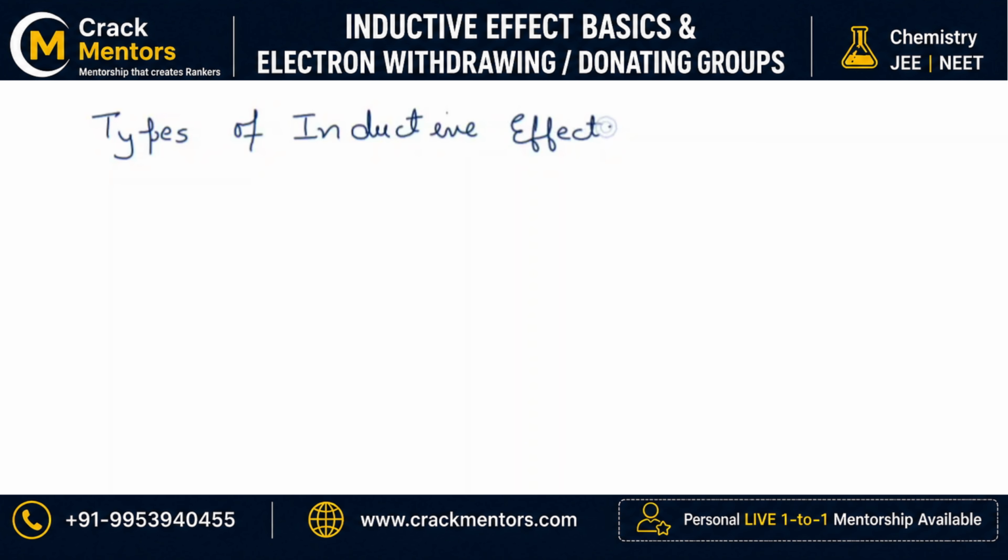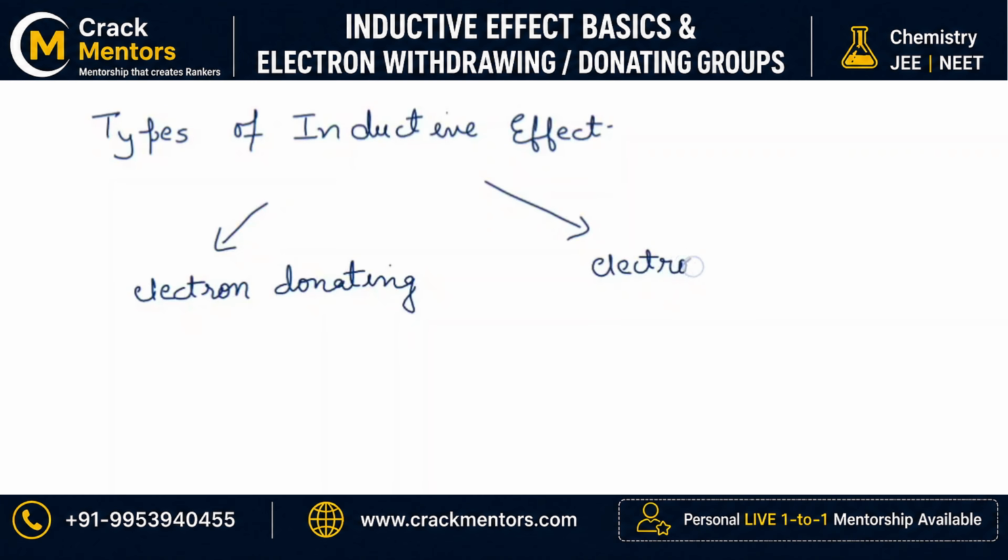So discussing about the types of inductive effect, either it can be electron donating or it can be electron accepting. The thing which you need to understand here is that first of all it is reference dependent.